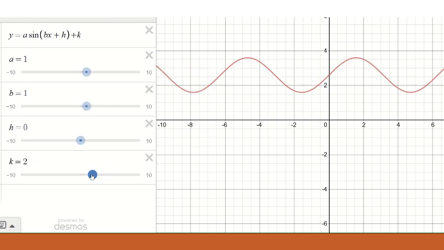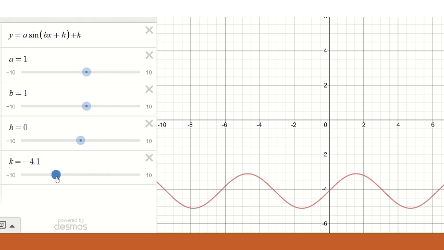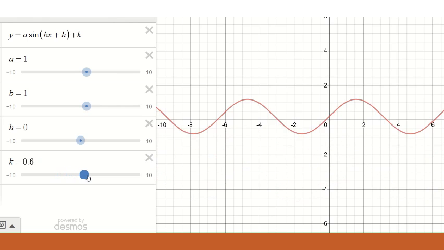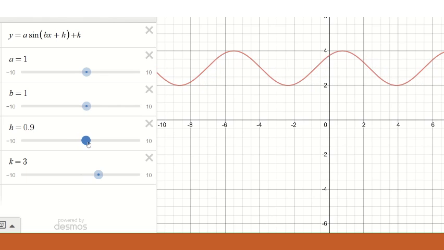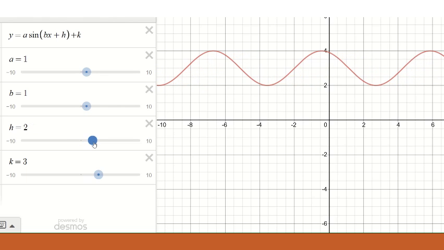Just like before in every other function, k moves it up and down. Notice that the shape doesn't change at all for h and k, just the placement of where the function is. That's the only thing that moves, right? So if I move this here to h is 2, k is 3, then the center of my sine, instead of being at 0, 0, is now at -2, 3. All right?